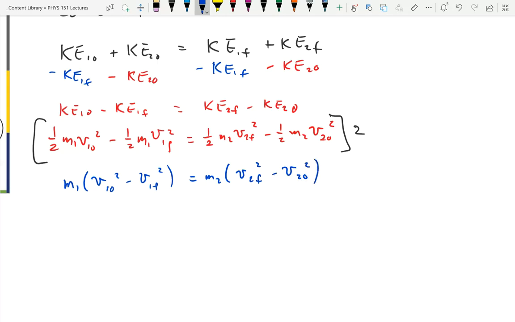And now the magic. The magic is to recognize that V1 initial squared minus V1 final squared is V1 initial minus V1 final times V1 initial plus V1 final.